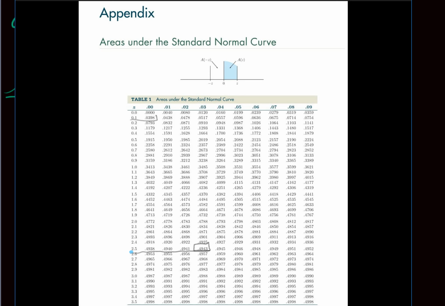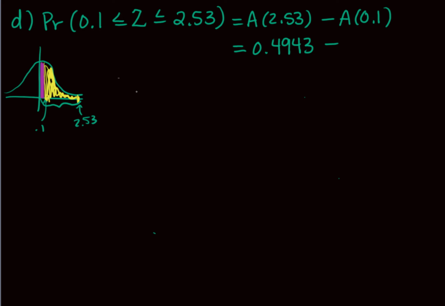So 0.1 and no 100ths, that would be 0.0398. I hope you guys can see that. Okay, so I get 0.4943 minus 0.0398, and my probability there is pretty small, 0.0963. Okay, that seems a little bit off.